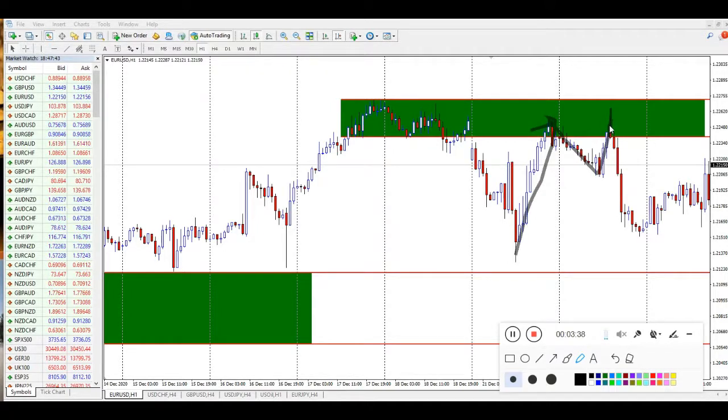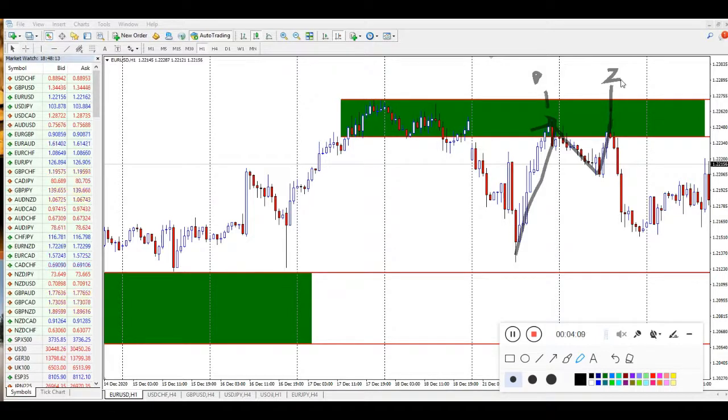What I want to mention is, for the people who are trading double tops and double bottoms, don't just trade a double top anywhere. This one I would take freely because it is a double top formation, top number 1 and top number 2, an M formation happening at a supply.